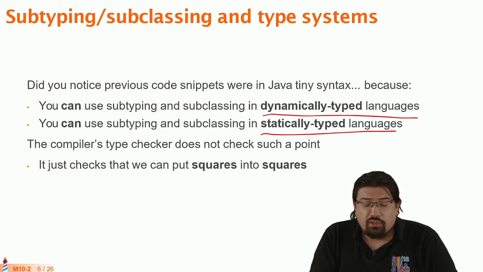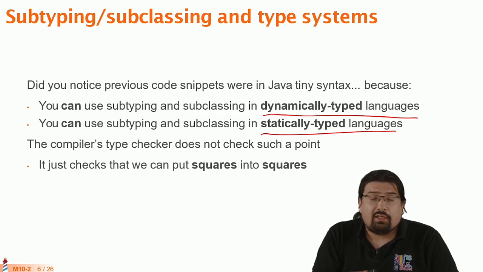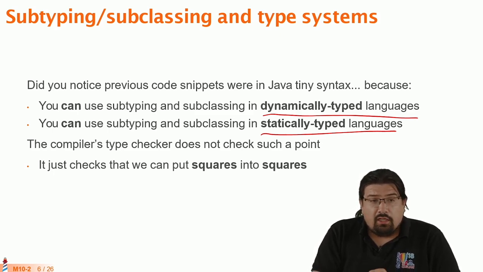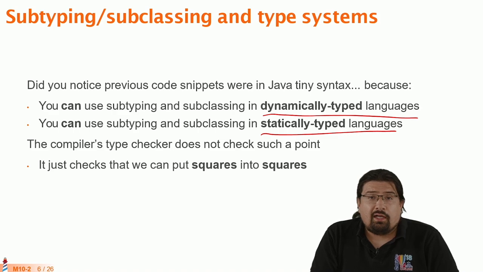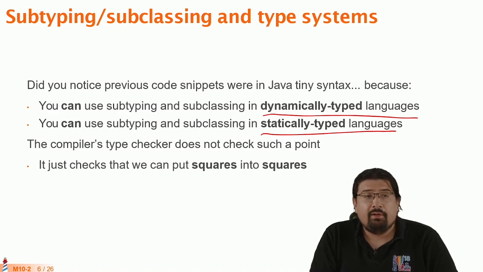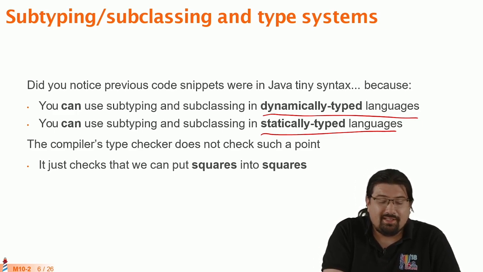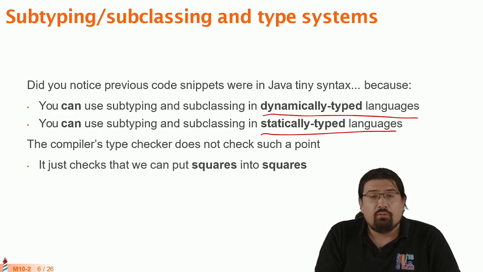We need to use them at the good points that we care about. And subtyping and subclassing have nothing to do with the type checker. The type checker, as we have seen in other lectures, is there for checking that we have the variables pointing to possible good types of objects. So basically, it's just checking that we put squares into squares and circles into circles.